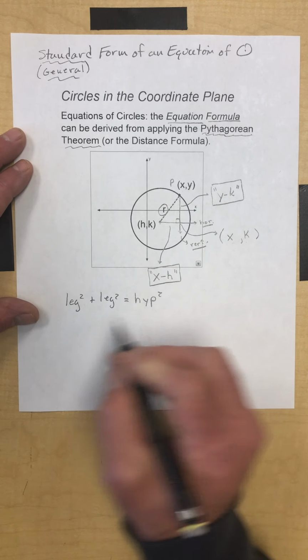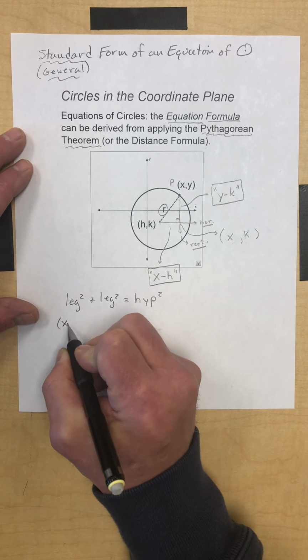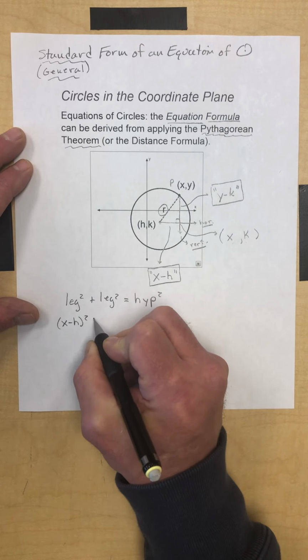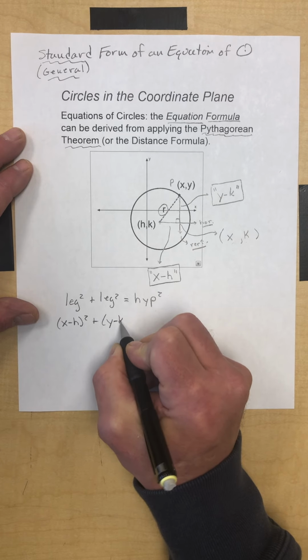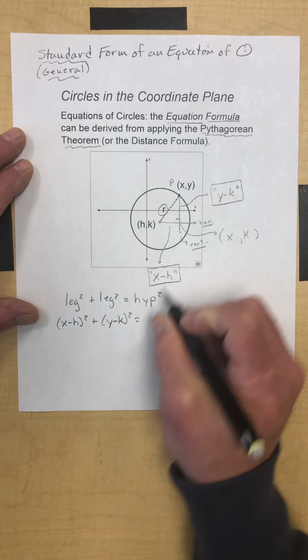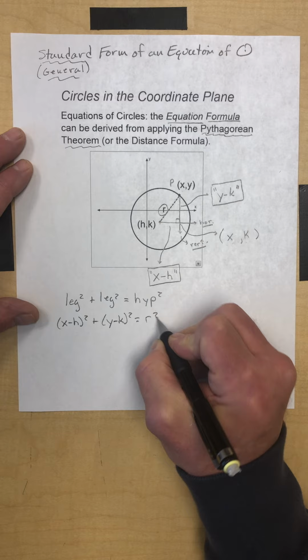So I have this leg, so it'd be (x - h) squared, plus this leg would be (y - k) squared, equals the hypotenuse, which is the radius, r squared.